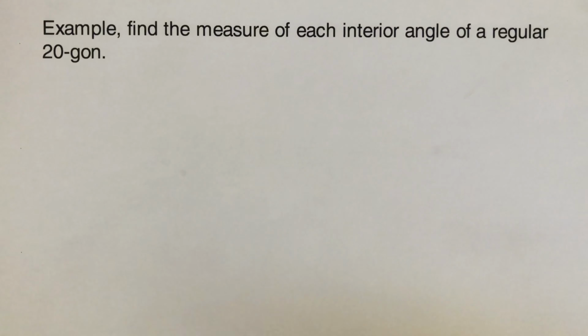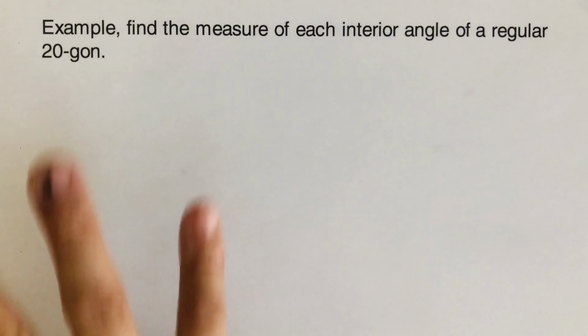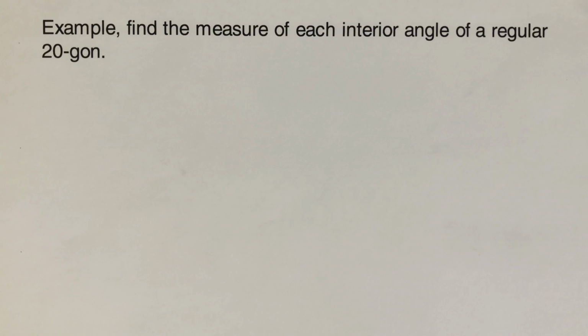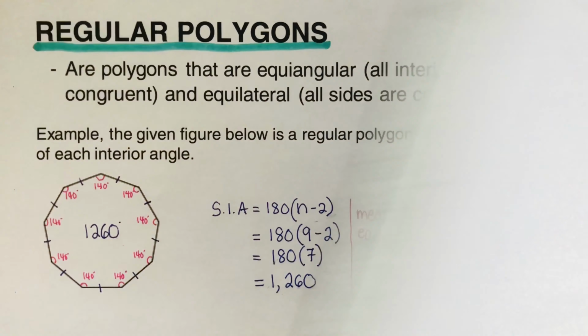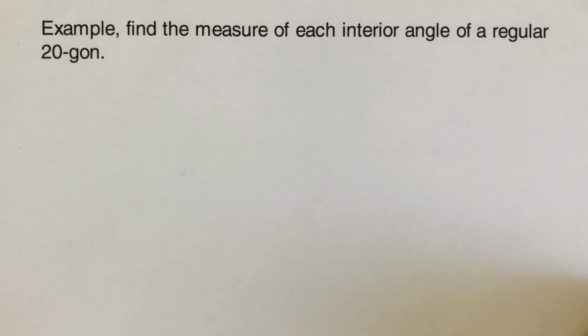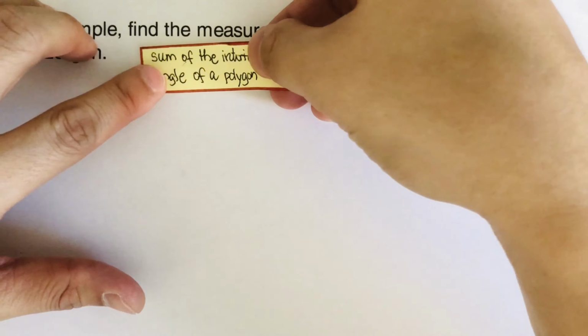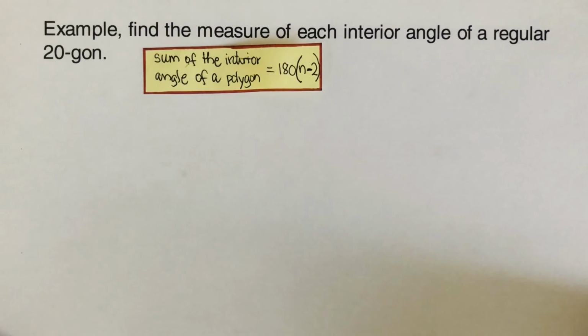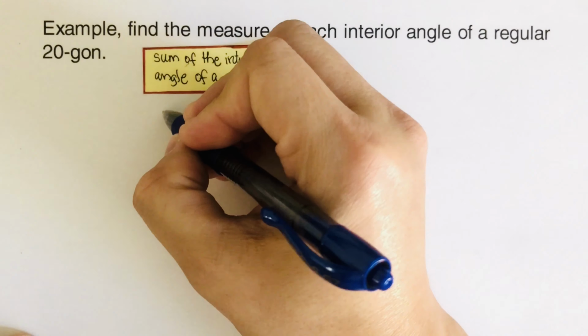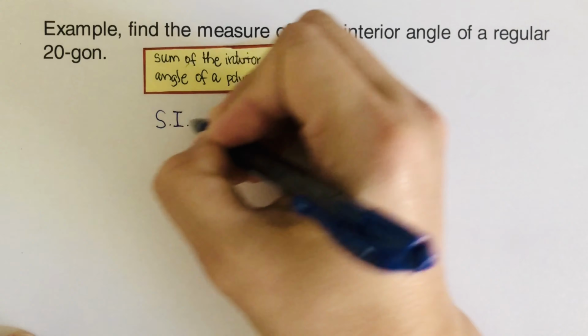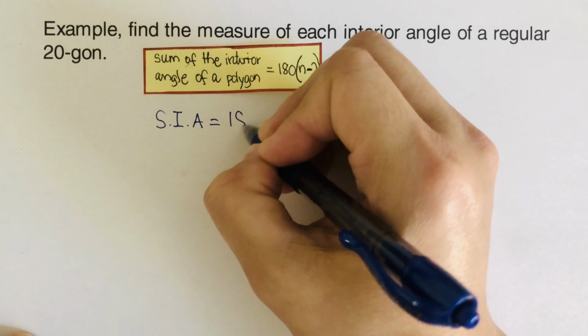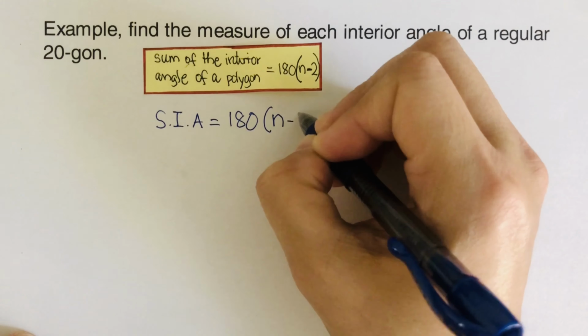Okay, so we go over the problem here. It's pretty much the same thing. We don't have a picture for this, but we can solve for the total sum of the interior angles. I'm going to take the formula from up here. The sum of the interior angles is 180 times n minus 2.